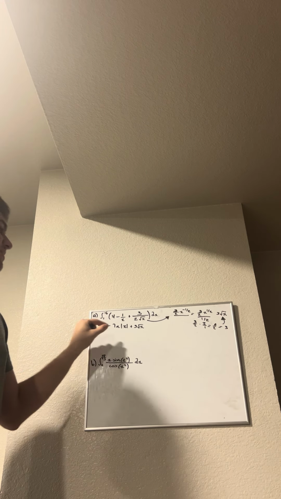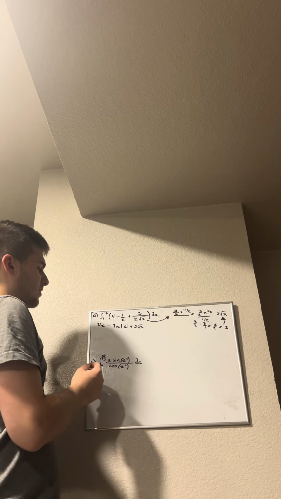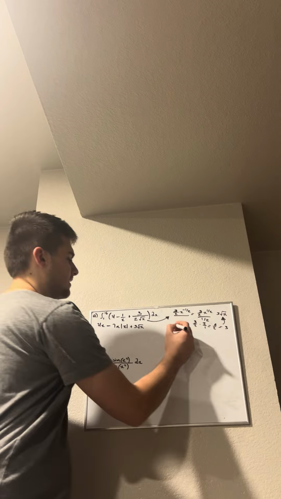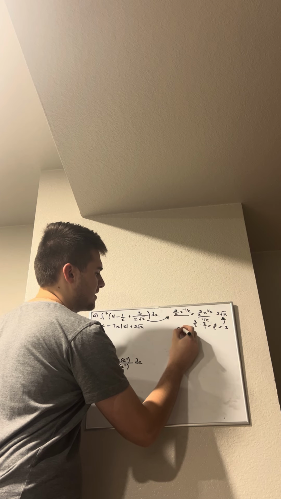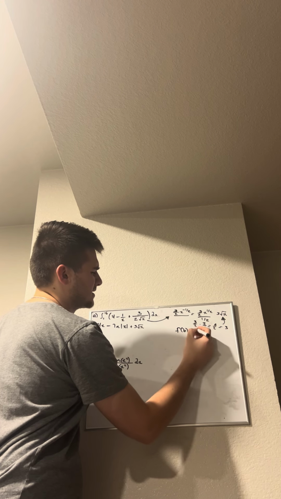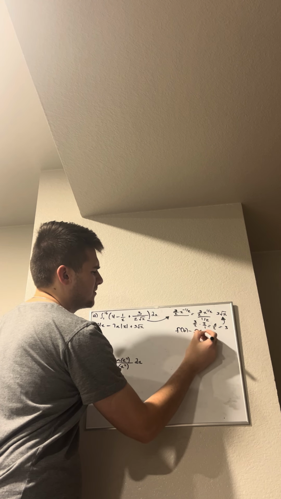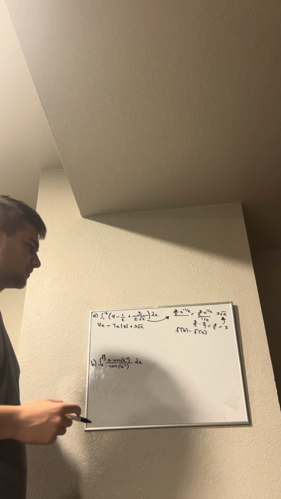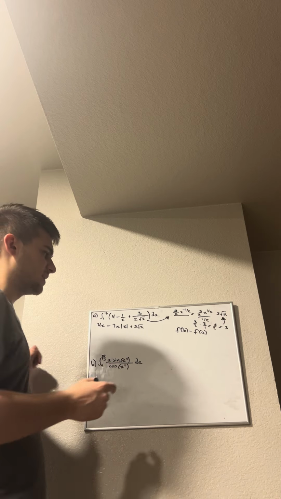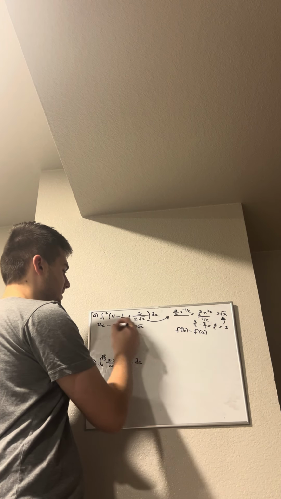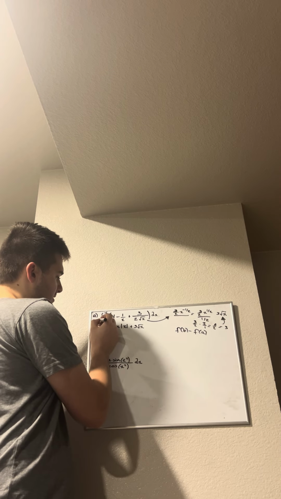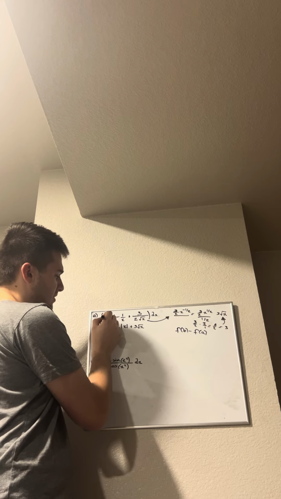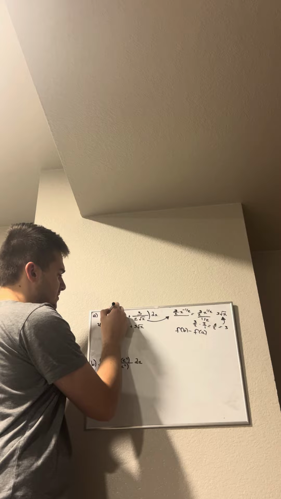So now that we have the antiderivative, we want to apply the f of b minus f of a rule in order to find the definite integral, or find it in the evaluated manner, because when it comes to the integrals, the number on the bottom represents a, and the number on the top represents b.